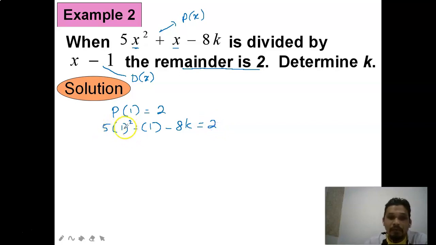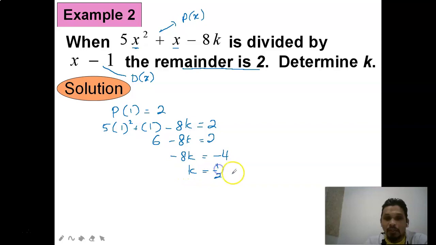So 5 times 1 squared equals 5, plus 1 equals 6, minus 8k equals 2. Negative 8k equals 2 minus 6, which is negative 4. Then k equals 1 over 2. Therefore, that's the solution for example 2.